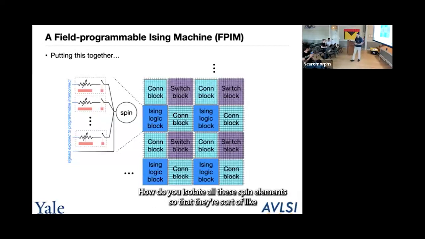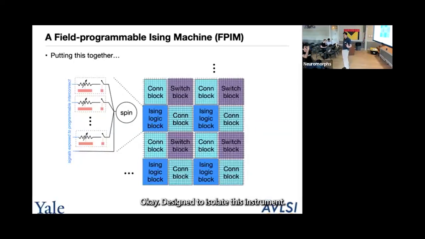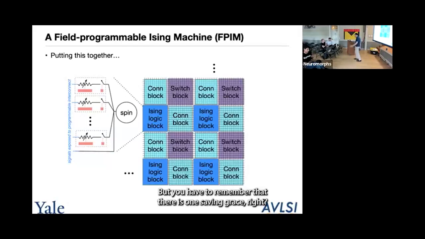How do you isolate all these spin elements so that there's no parasitic interaction? This logic block is a very small part of the die area, so you do all the usual analog circuit design to isolate the spins. You have to worry about mismatch and all the usual things for the oscillator work. But there is one saving grace: there's an injection locking system that's helping you out.